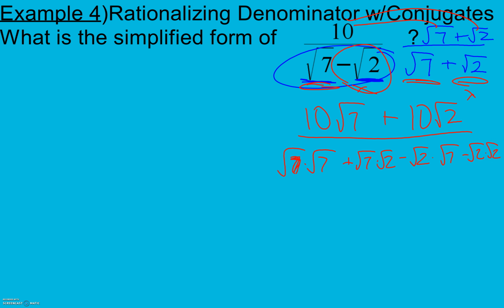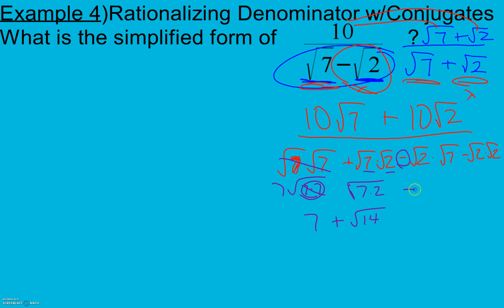I'm going to simplify in my denominator now. Square root of 7 times 7. My pair of 7's come out as a 7. Square root of 7 times 2 just gives me the square root of 14.